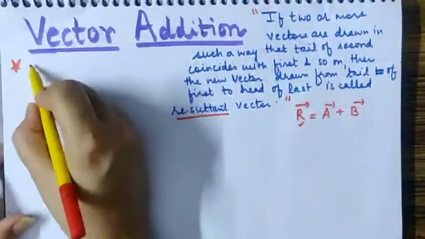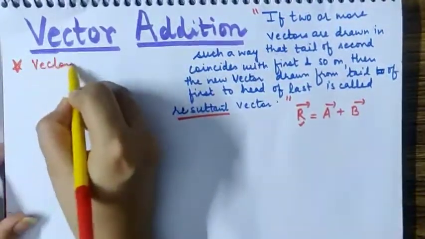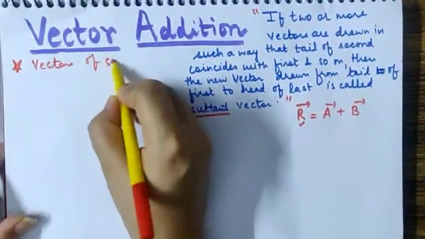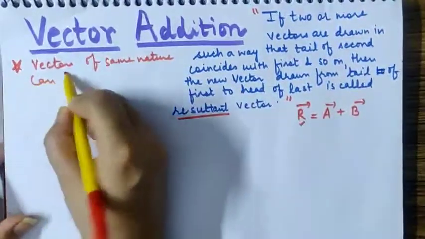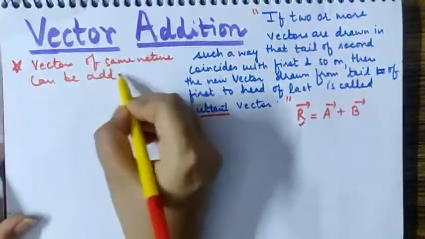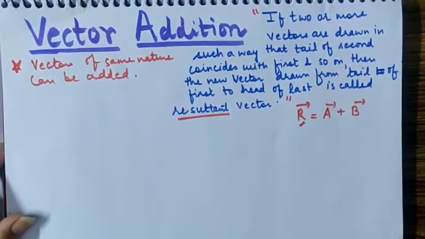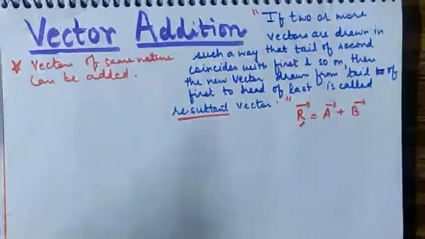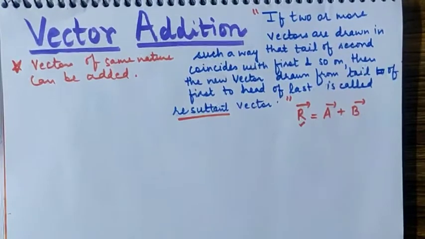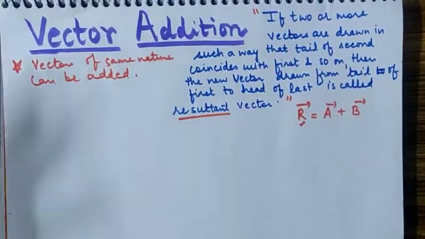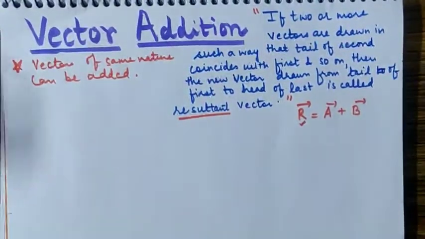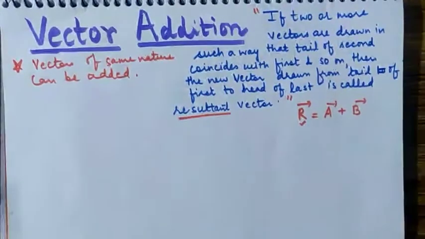First of all, vectors of the same nature can be added only. If the vectors are of the same nature, then displacement will be added to displacement, force will be added to force, acceleration will be added to acceleration, and so on. That was a very important point that we should understand before studying vector addition.